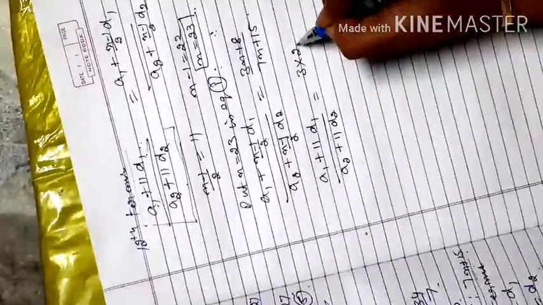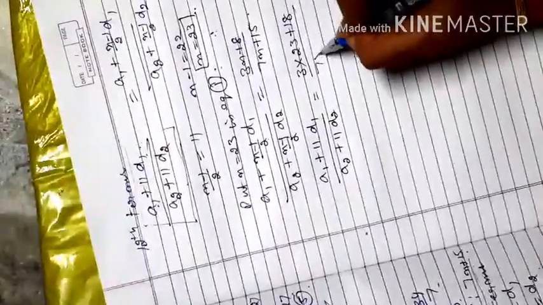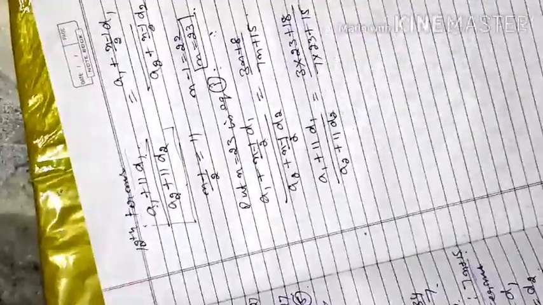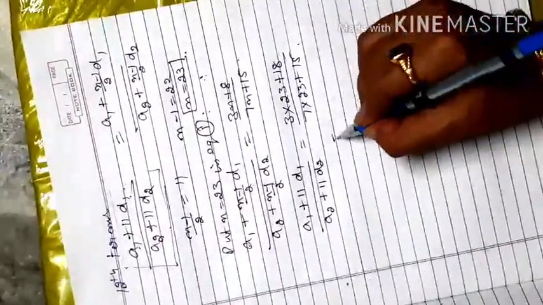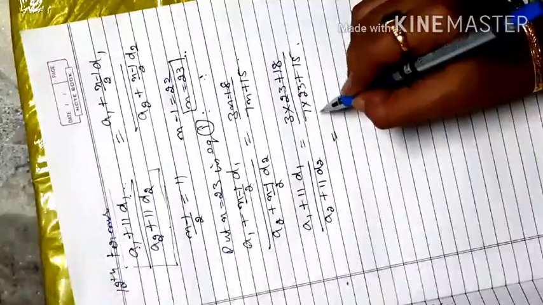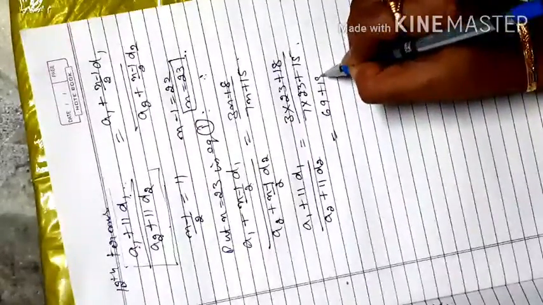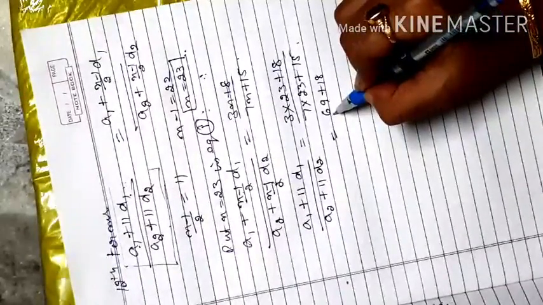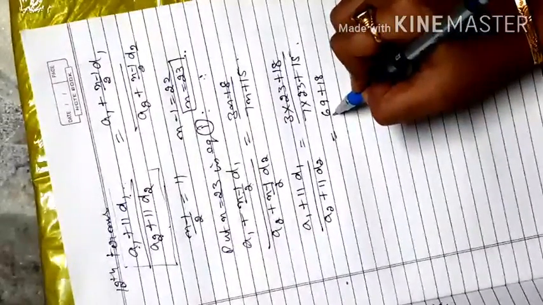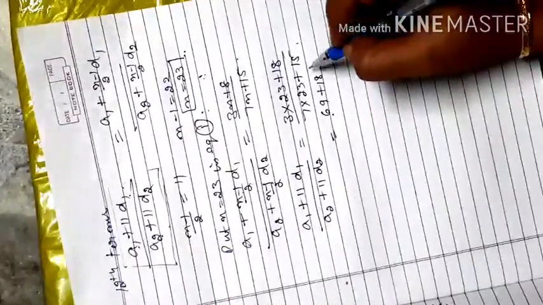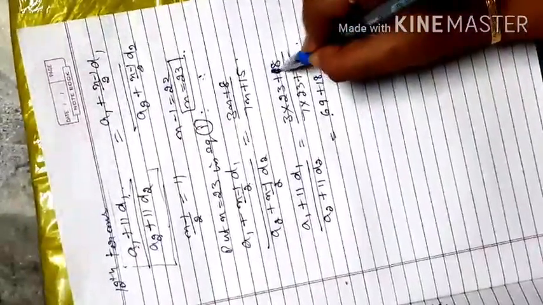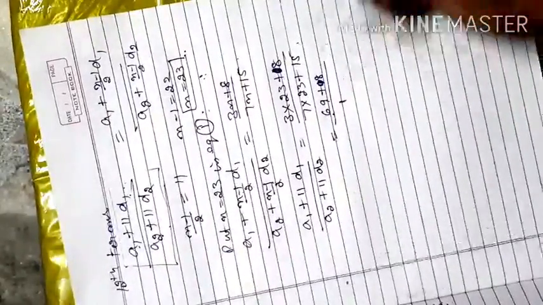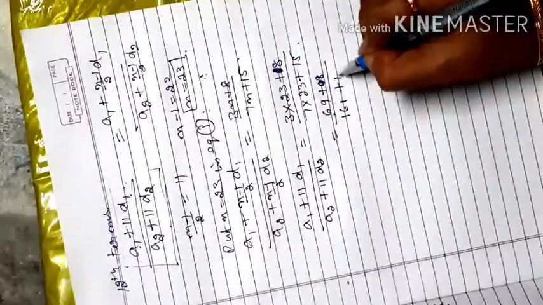Here when I apply 3 into 23 plus 8, over 7 into 23 plus 15, what answer will I get? That will give me the ratio of the 12th term. So 3 into 23 gives me 69 plus 8, and 7 into 23 gives me 161 plus 15.